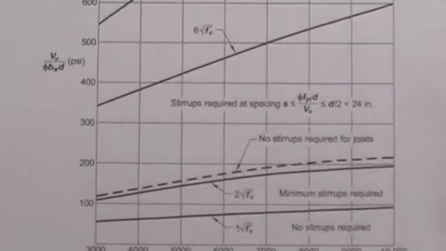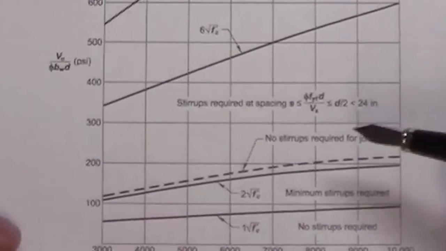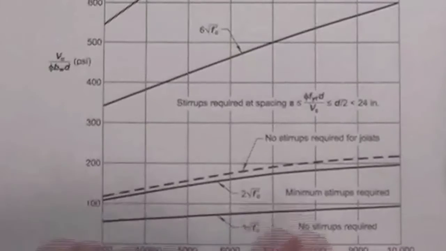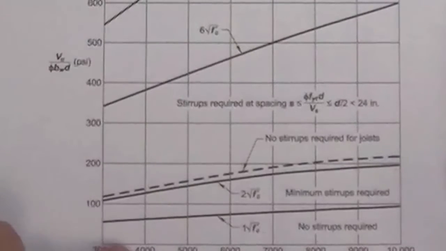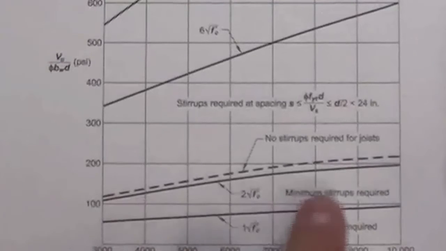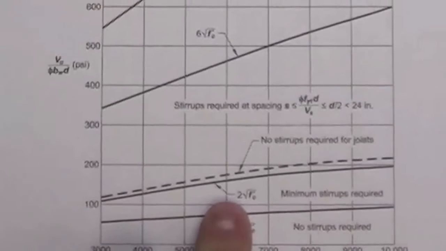Now that I've turned back to this table, what I want to point out is that it has concrete strengths across the bottom. We've said that we're going to use 4,000 psi concrete. And what I would start to look at is no stirrups required, minimum stirrups required, and look at the stresses at that level.